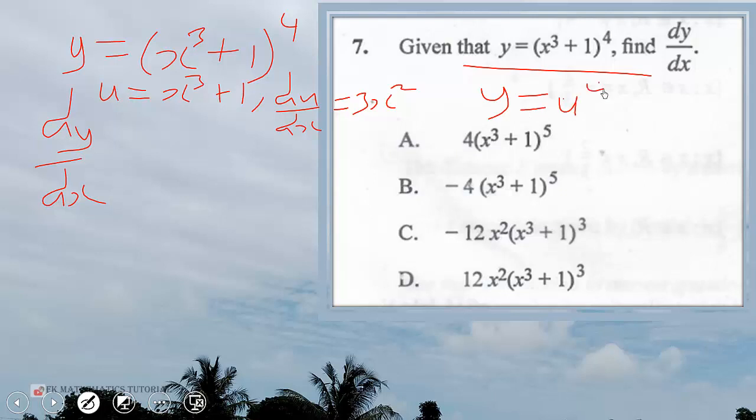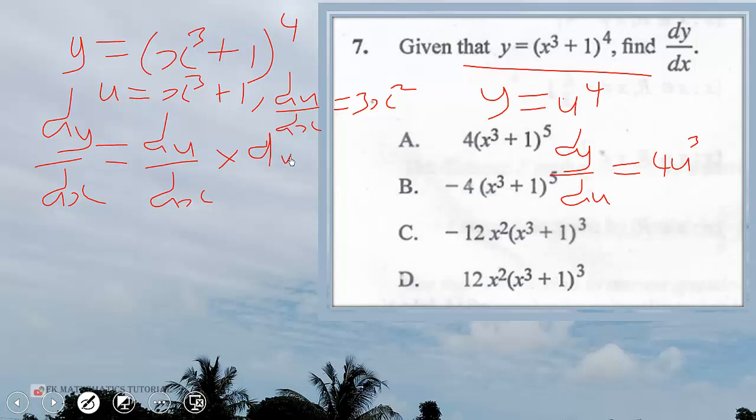u exponent 4. Now dy du is equal to 4u cubed. Now dy dx is equal to du dx times dy du. So remember that u is equal to x cubed plus 1. So we substitute it.